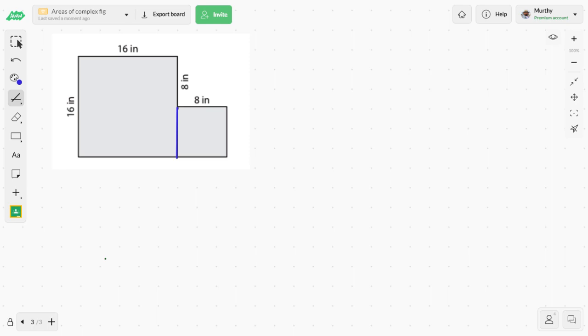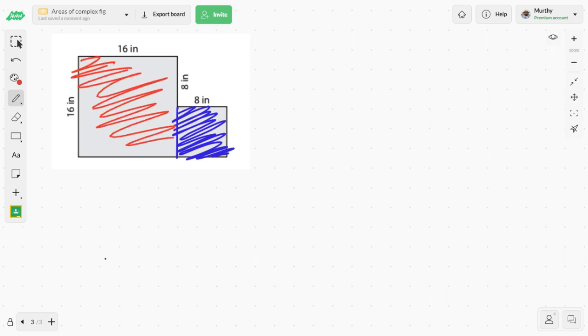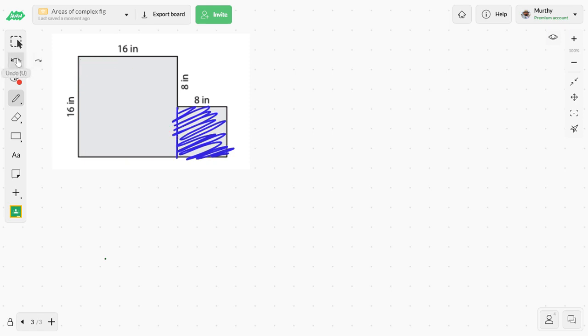Do you see that? Let's say this is one rectangle I'm shading, and this is the other rectangle. You find the area of both the rectangles and then you add them.